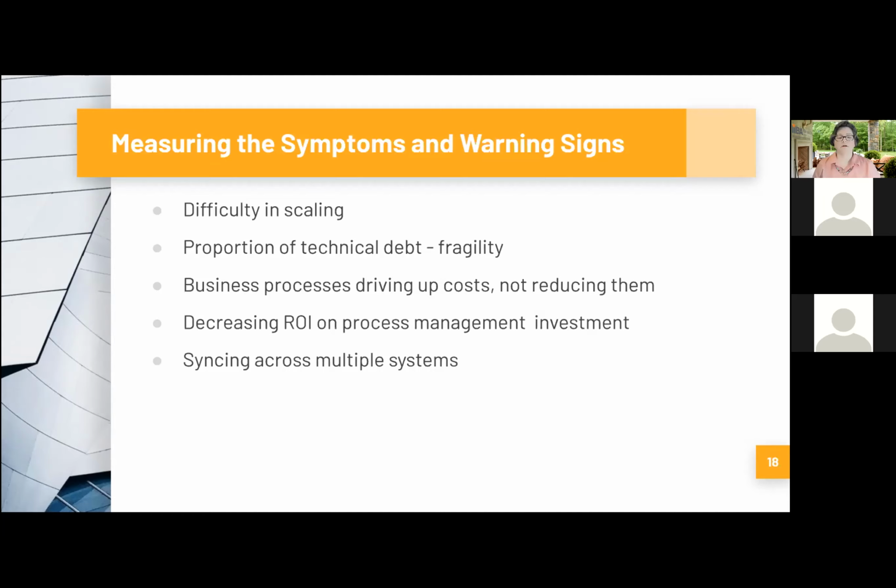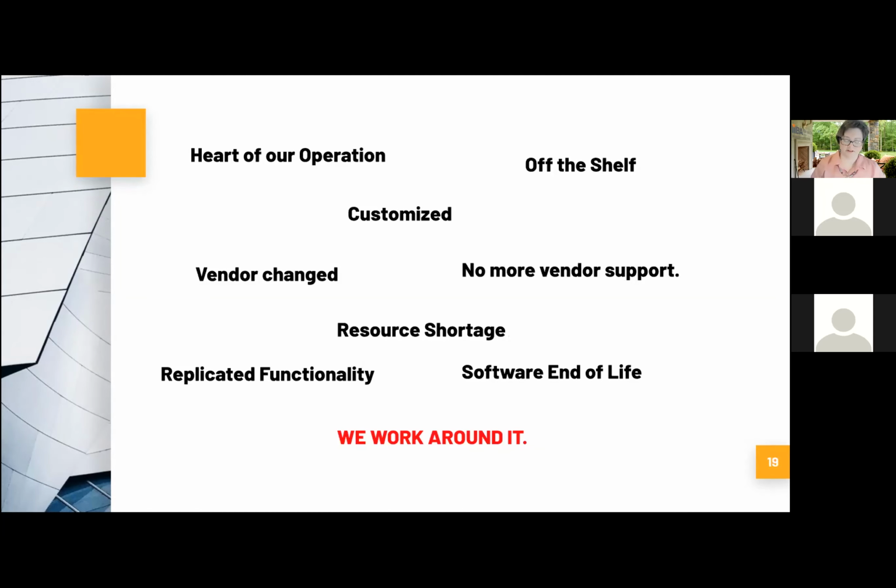So here I was, this is the end of 2018, and I'm sitting in the IT manager's office, and he's giving me all these buzzwords, heart of our operation, and no more vendor support, and software end of life, and I'm like going, and you're working around this? How long do you think you can do that for, right? So, okay, we're in a really rough spot. We think we've got a case for some pretty major changes. But wait, there's more.